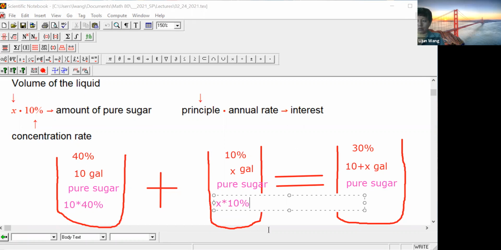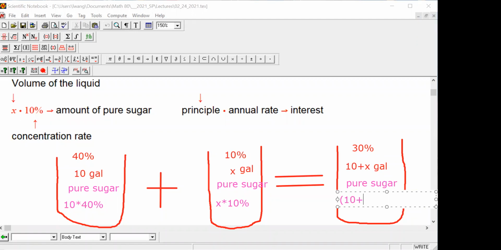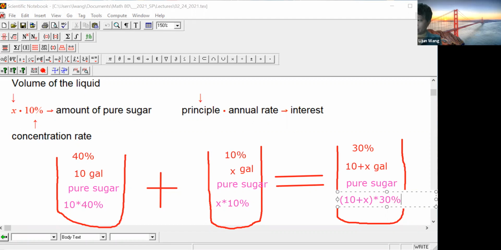Pure sugar. Now, the final mixture, how much pure sugar is in there? You will take the volume, multiplied by 30%.